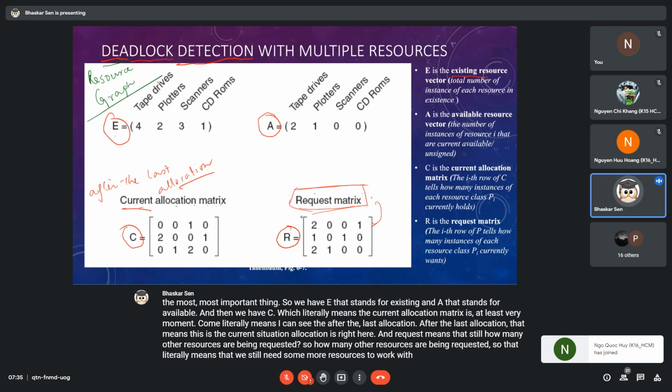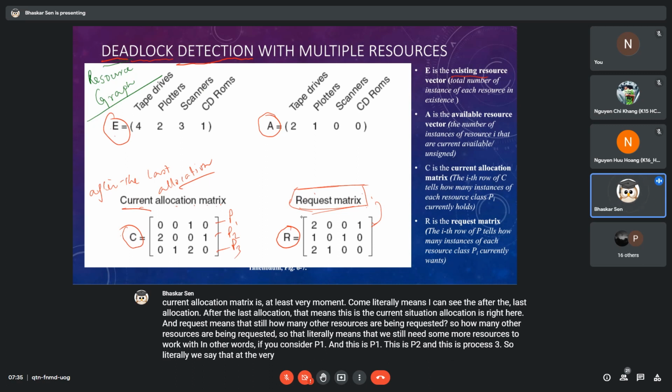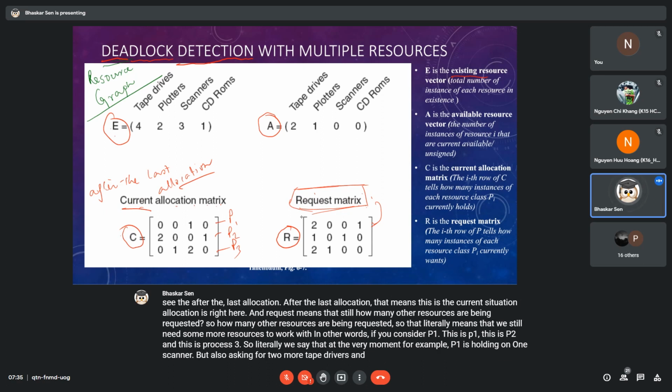In other words, consider P1, P2, and process 3. At the very moment, P1 is holding on to one scanner, but also asking for 2 more tape drives and 1 CD-ROM.